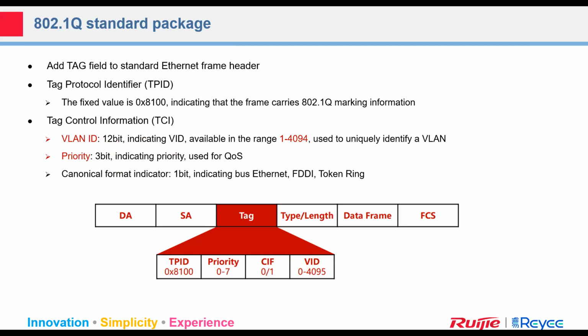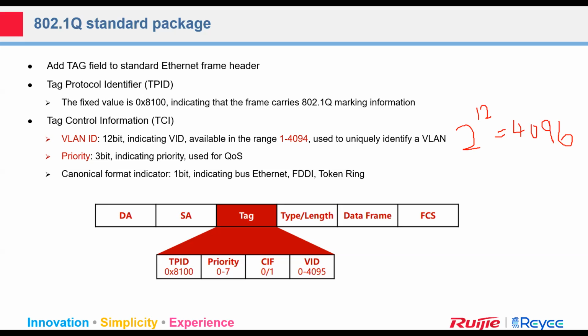What does 12-bit mean? It means 2 to the power of 12. If you calculate it on a calculator, it equals 4096. This is where you get the number of VLANs. The available VLAN range is 1 until 4094. So these are unique VLANs.